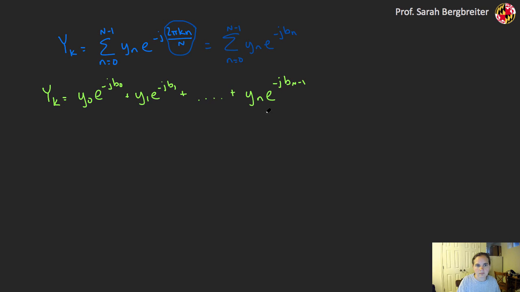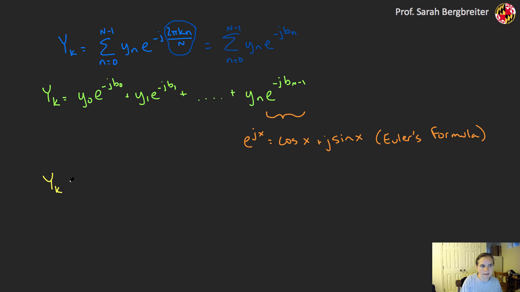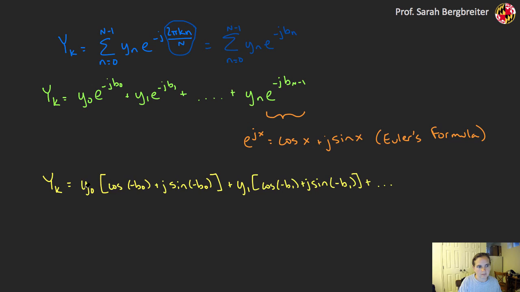Now we can use Euler's formula to break this up into something that we can more easily calculate. So e to the jx is going to be cosine of x plus j sine of x. And so if I rewrite my y of k with that in mind, I'll write my first sample times the cosine at my frequency, so minus b naught in this case, plus j sine times that frequency minus b naught.